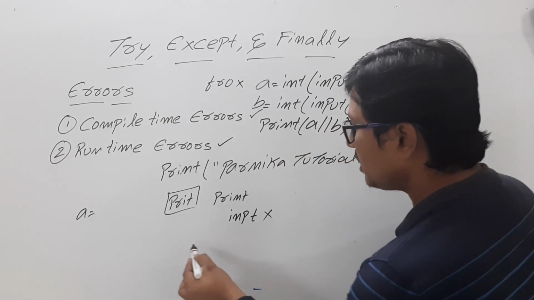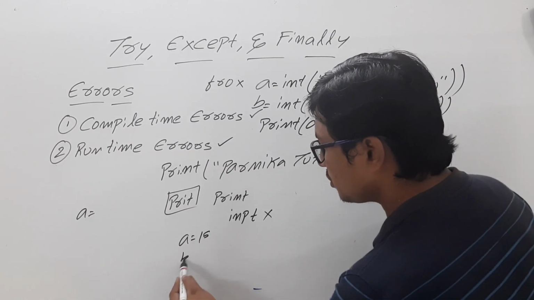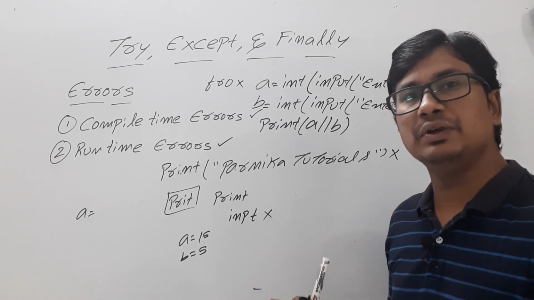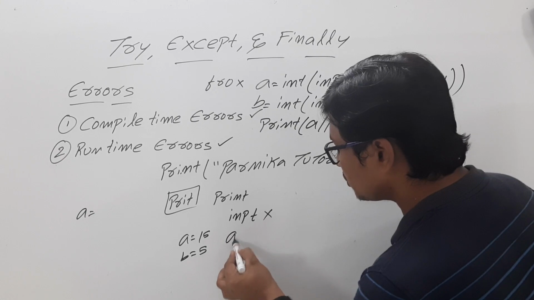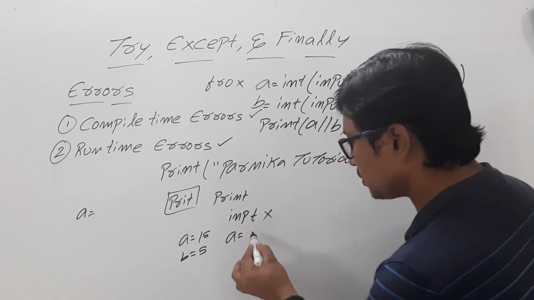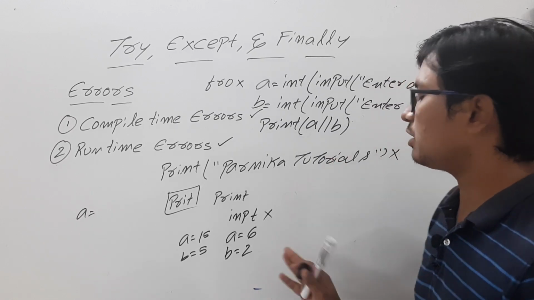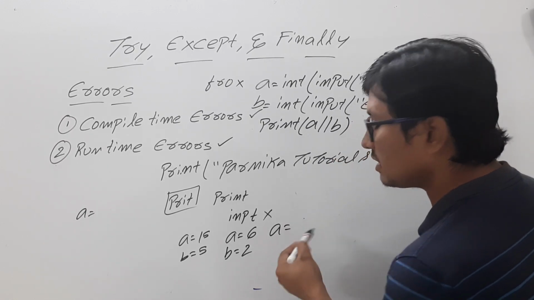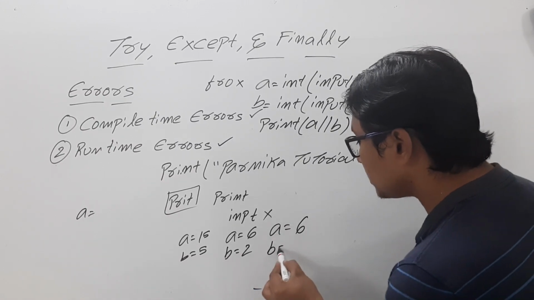Now if user has entered a value is equal to 15, b value is equal to 5, this is absolutely fine. 15 by 5, you will get the value 3. Suppose let's take that user has entered the a value is equal to 6, b value is equal to 2. Now also it is fine, you will get the output as 3. Suppose let's take that user has entered a value as 6, b value user has entered 0.